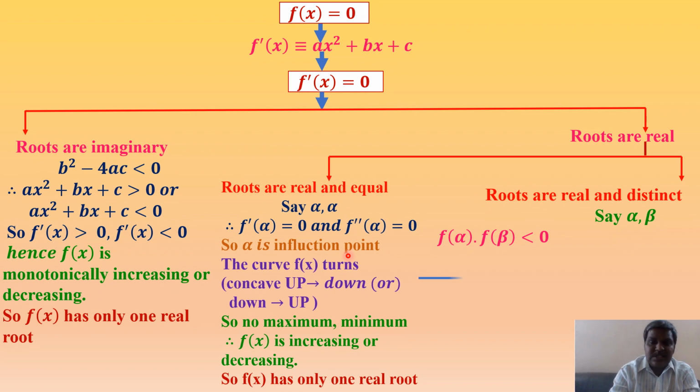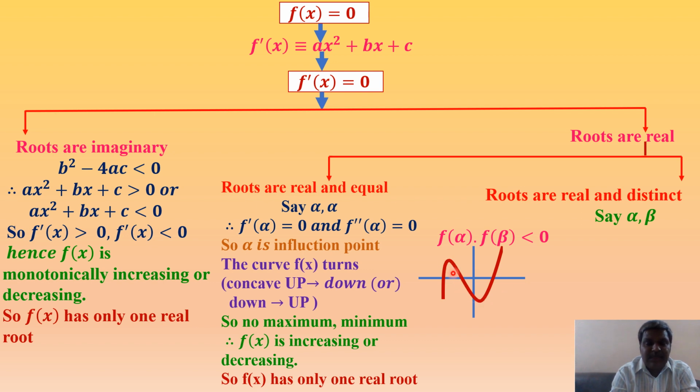See here, these are the coordinate axes. Suppose f of alpha into f of beta is less than 0, the curve may be in this manner. Clearly observe that. Suppose this is alpha, then automatically this is f of alpha. If it is beta, this is my f of beta. F of alpha is positive, f of beta is negative.